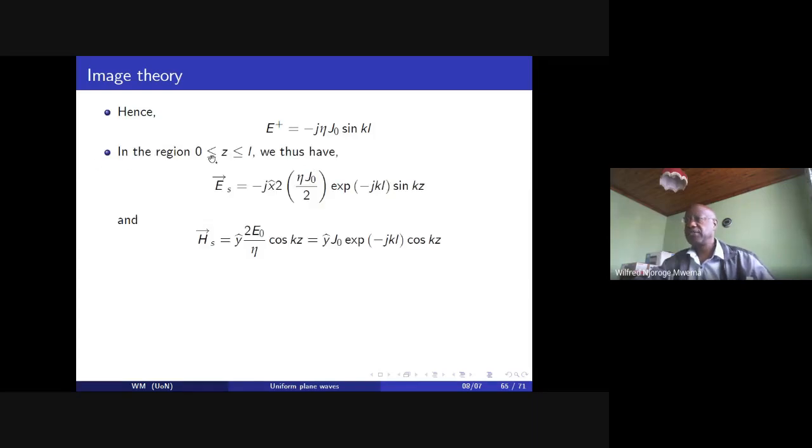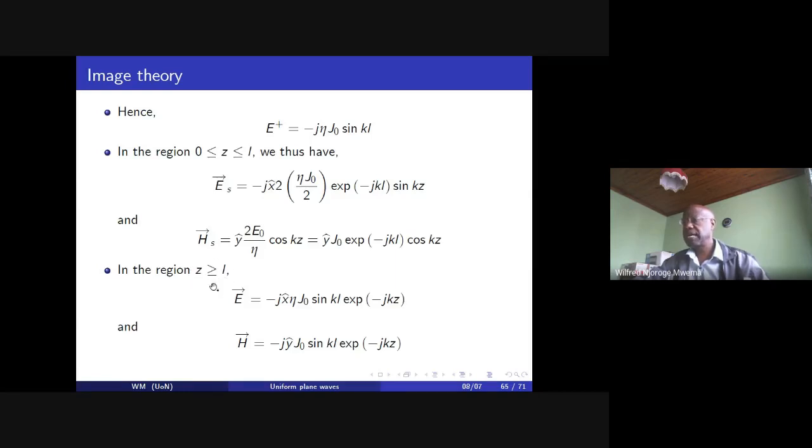In the region between the position of the ground plane and the current sheet, you can therefore write the values of the field as given by that value, and the value of the magnetic field is given by that equation there. And in the region beyond the current sheet, the equations are shown.